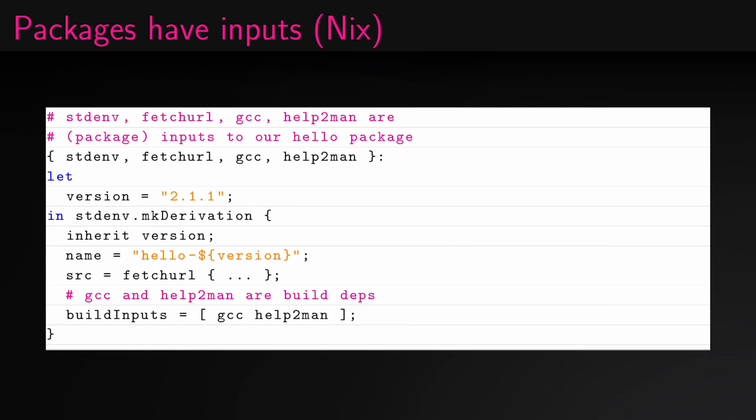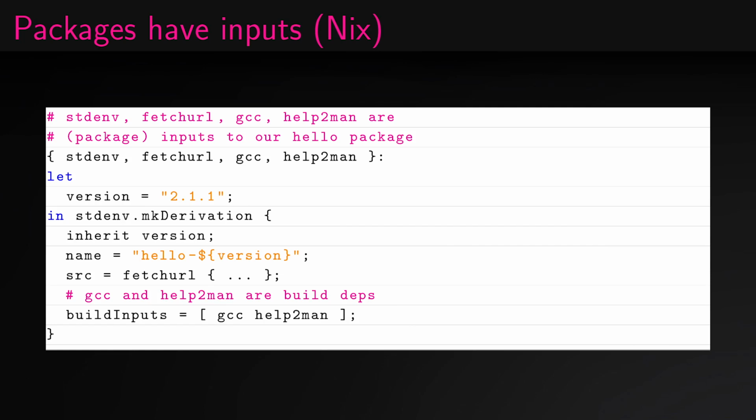And stdenv is a set of objects, so you can think of it as a module that you can pass around, and it has some goodies inside. One of those goodies happens to be mkDerivation. So you'll see in the line that starts with in, we use this function, this lambda in Nix terminology, mkDerivation.